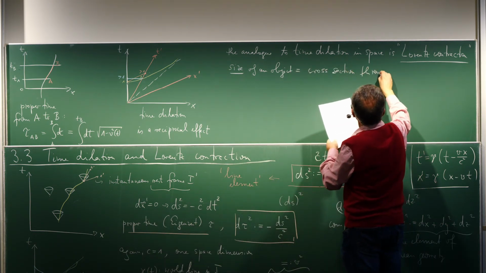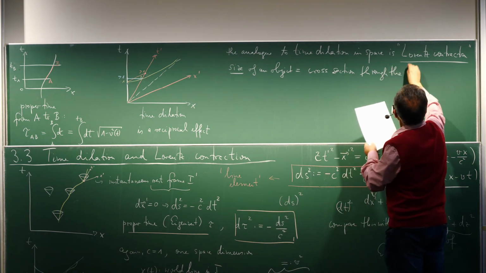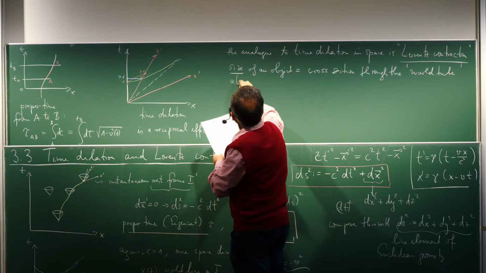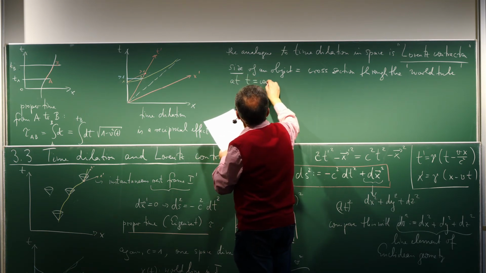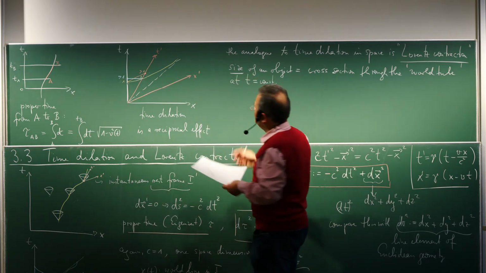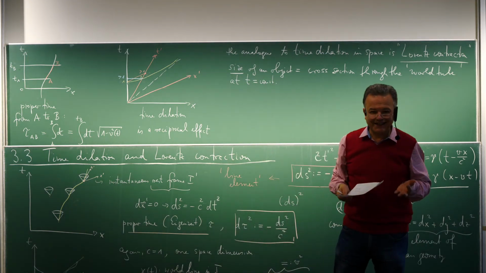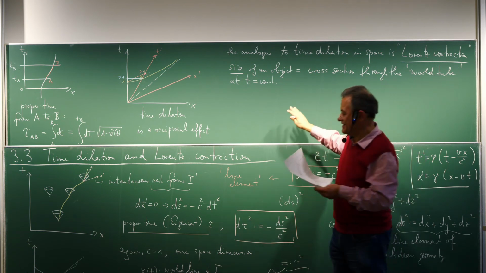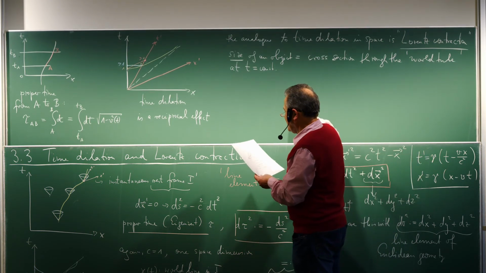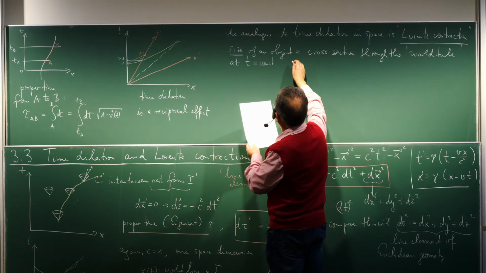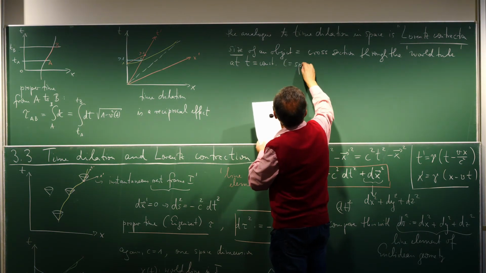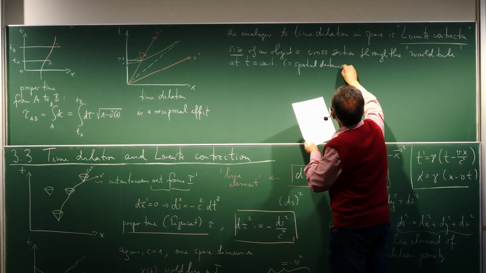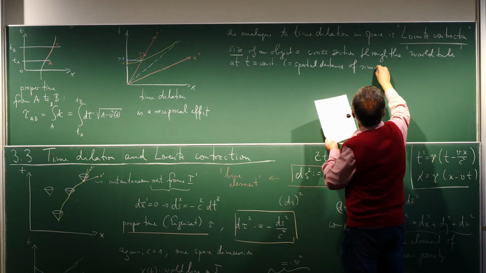And you see already, when I write t equals constant, it has to do with simultaneity. And simultaneity is no longer absolute. And this is why you have this effect. Let us go to the diagram. I should perhaps write down, this is the spatial distance of simultaneous events.